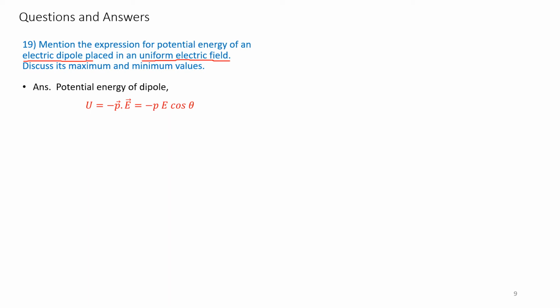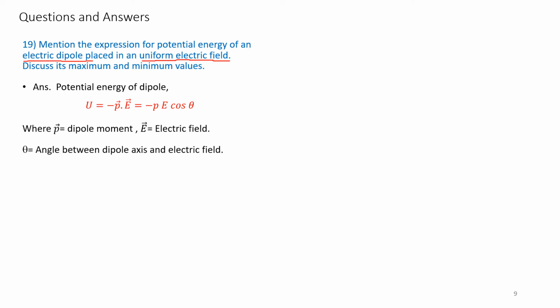Potential energy of a dipole is given by U is equal to minus vector P dot vector E. If we write it mathematically, that equals minus PE cos theta, where P is the dipole moment and E is the electric field. Theta is the angle between the dipole axis and electric field. When the dipole axis is perpendicular to the field, theta equals 90 degrees, and therefore potential energy is minimum.